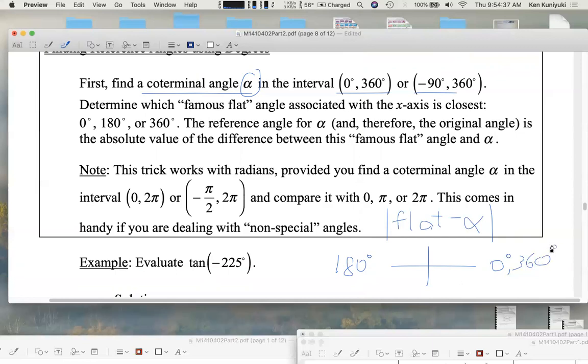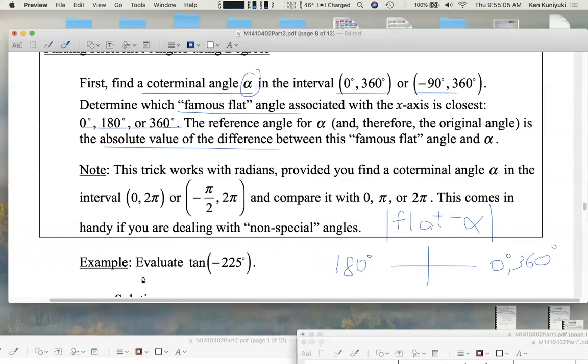These are the relevant flat angles in the vicinity of 0 to 360 degrees. Determine which famous flat angle associated with the x-axis is closest to your angle alpha. The reference angle is going to be the absolute value of the difference between the two. So absolute value of flat angle minus alpha. We'll apply this in just a moment.